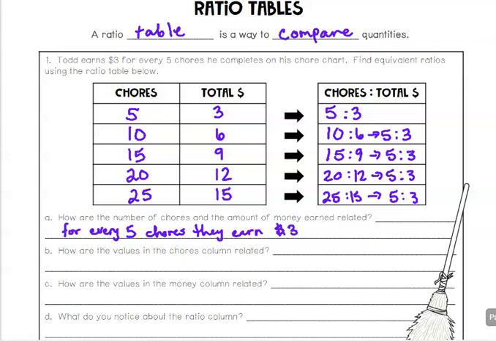All right, so how are the values in the chores column related? So they're asking, how is that changing? So they're changing by 5. All right, so how are the numbers in the money column related? So they are changing by 3.